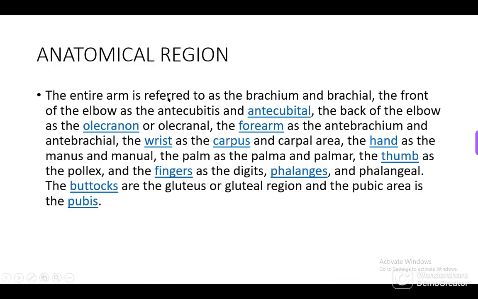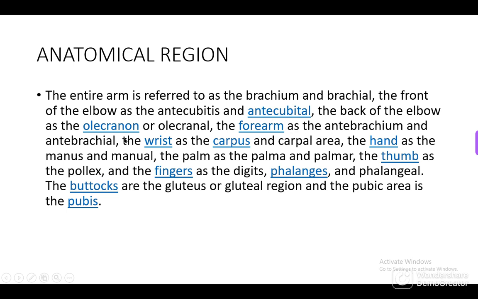The entire arm is referred to as the brachium, and brachial. The front of the elbow is the antecubitus, cubital fossa, and antecubital.